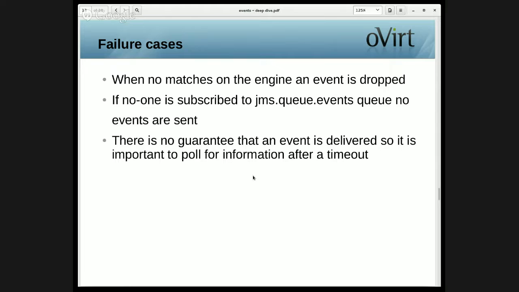So we have this loose guarantee that the event may eventually be delivered. I mean, the event may be delivered, but there's no 100% guarantee that it will be on the other side, because of the way we defined the engine, how we defined VDSM, and how the networking works.